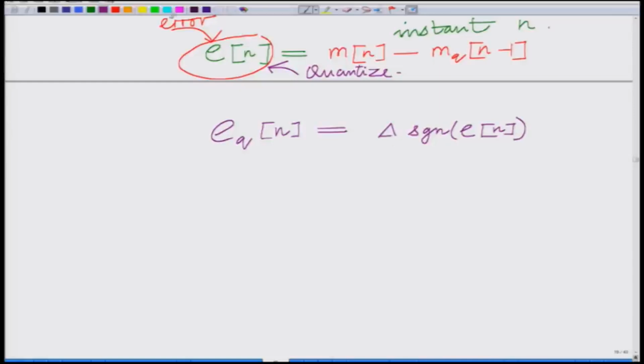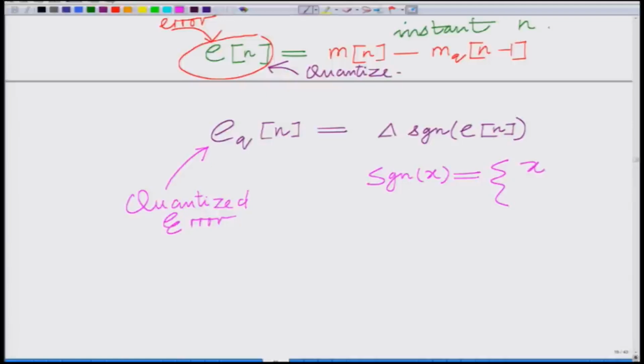Okay. So, EQ[n], notice that this is the quantized error. So, we are quantizing not the sample, but we are quantizing the error. Let us use the simplified version of the sign function: sign of x equals plus 1 if x greater than 0, minus 1 if x less than 0. Of course, at 0 it is 0, but we do not care about that single value.